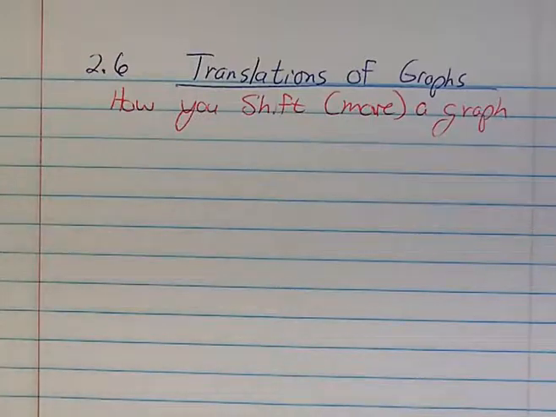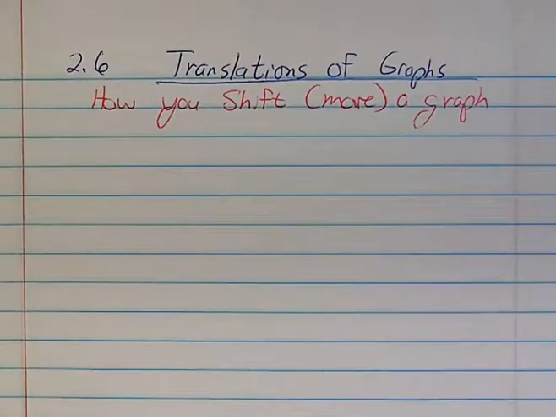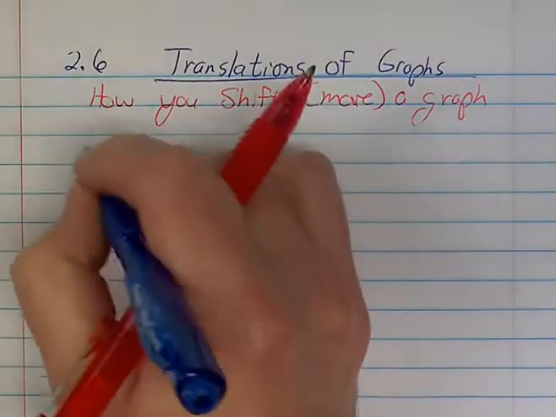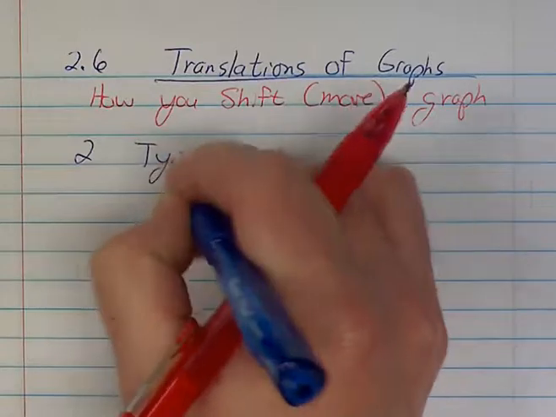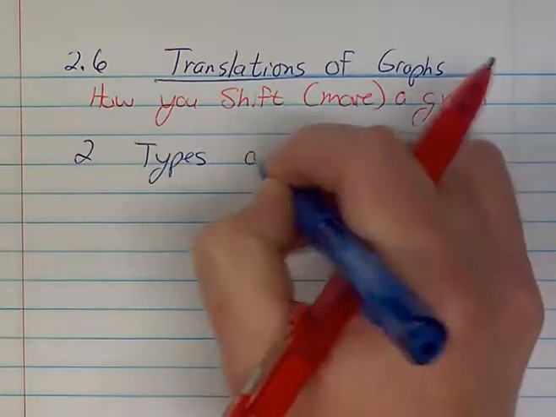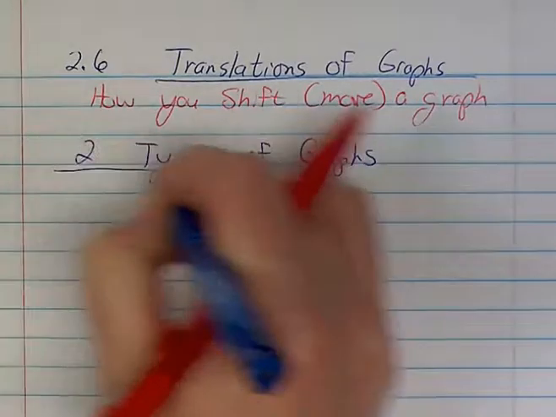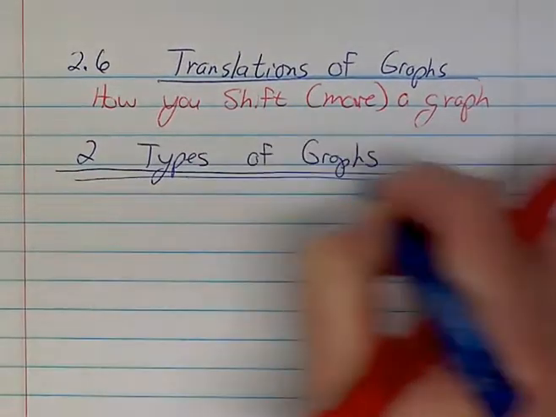We could also talk about rotating it upside down or spinning it a certain different way, but mostly with translations, the main thing we're going to look at is how you move it up or down or left or right. And we're only going to look at two types of graphs for now. Once we get the basics down for these two types of graphs, then this will move into all the other types of graphs that we'll do.